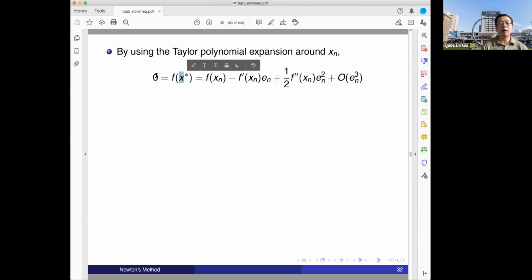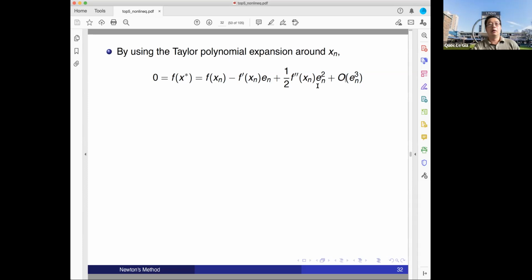What is f of x star? It equals 0, then you get this equation. And now remember the remainder, the higher order terms, I just use a big O notation. The big O notation here is just an umbrella. Let's say that all the remainder terms can be bounded by en cubed in absolute value multiplied by a constant.